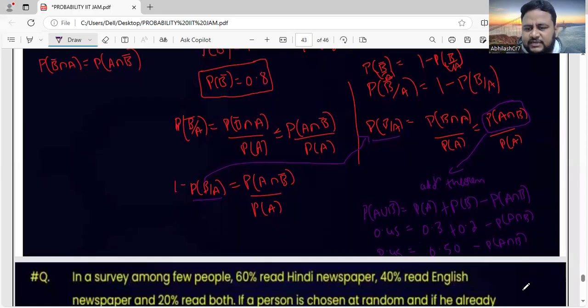To find this, I can send this to this side, so 0.45 minus 0.50 will become minus probability of A intersection B. Minus is there on both sides. If I simplify this, 0.50 is greater than 0.45. So what will this become, friends? How much will this become?